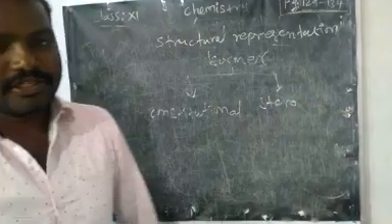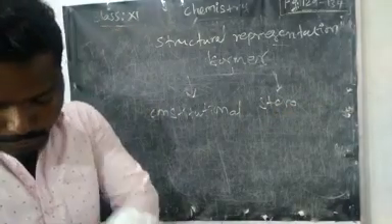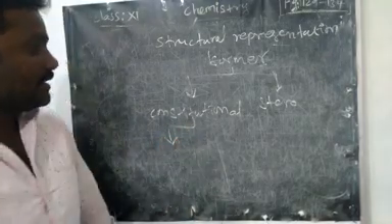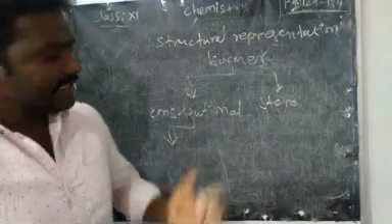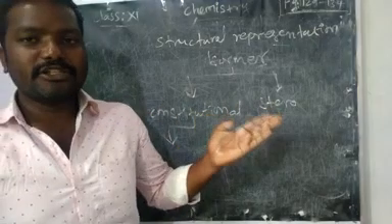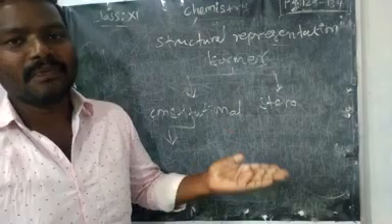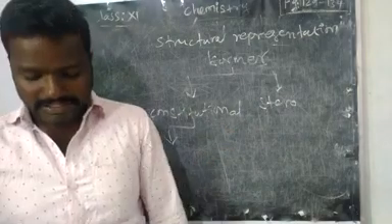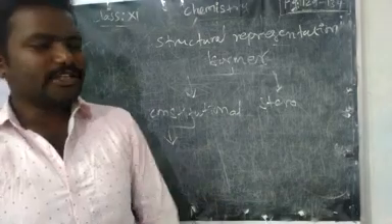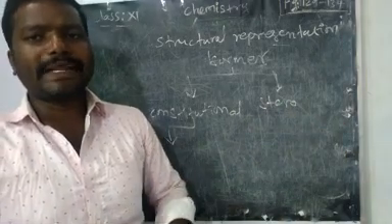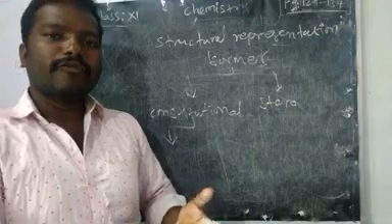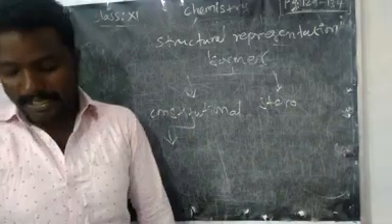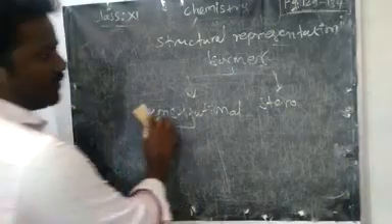The further divisions in constitutional isomerism are chain isomerism, position isomerism, functional isomerism, metamerism, tautomerism, and ring chain isomerism. One by one we will see them now. Then stereoisomerism is very simple, only four types: conformational, configurational, optical isomerism, and geometrical isomerism. Now, at least we will see one or two.